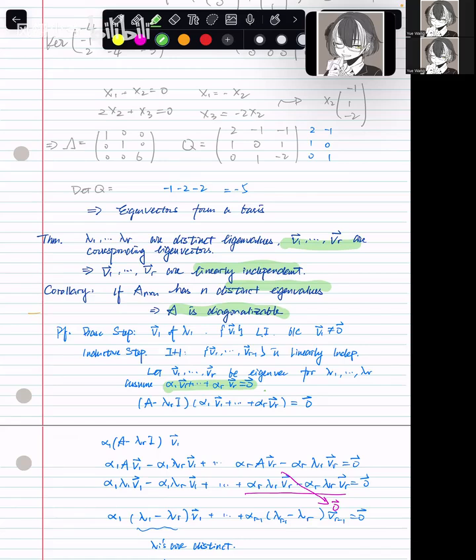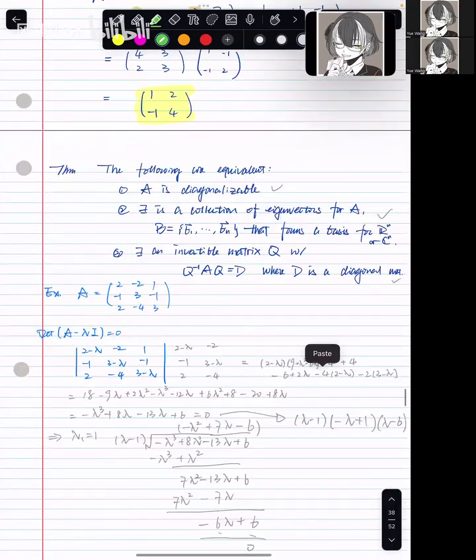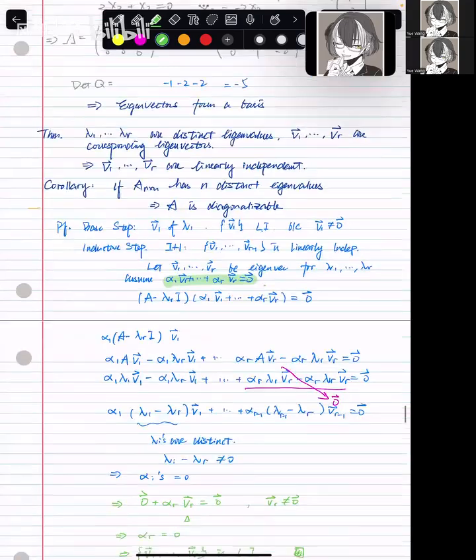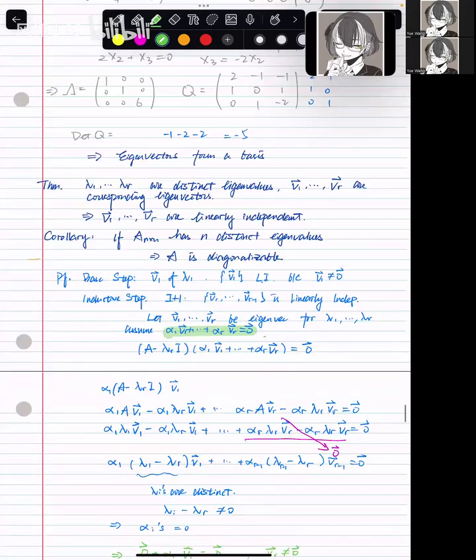So if it's linearly independent and spanning, it is a basis. And we know that if we can form a basis, then it's diagonalizable. All right. We will prove the theorem in our next video.